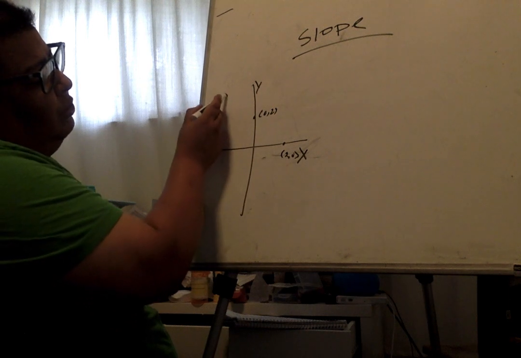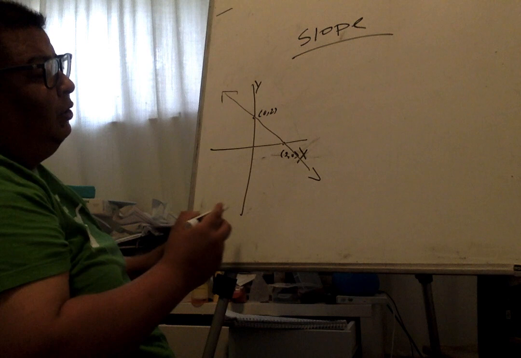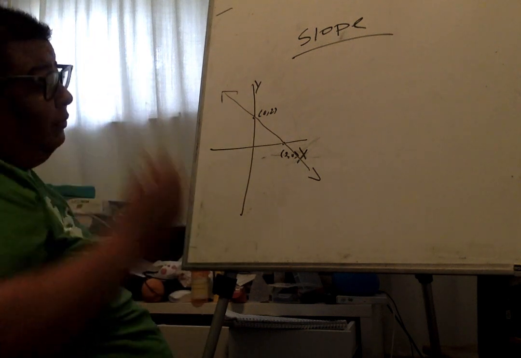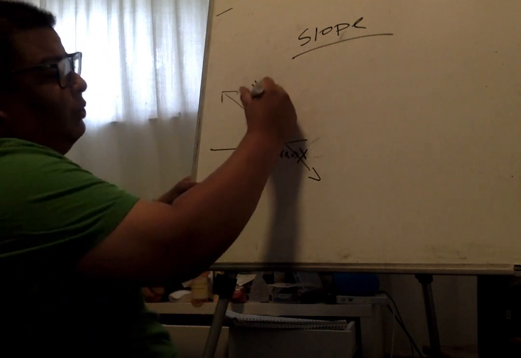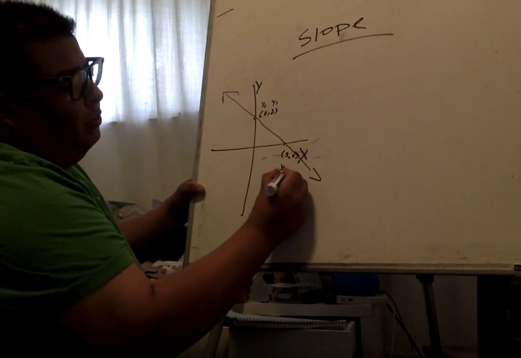Remember, to trace a line, we need 2 points, so we put a line through them. Okay, so this one will be our x1, y1, and this one x2 and y2.